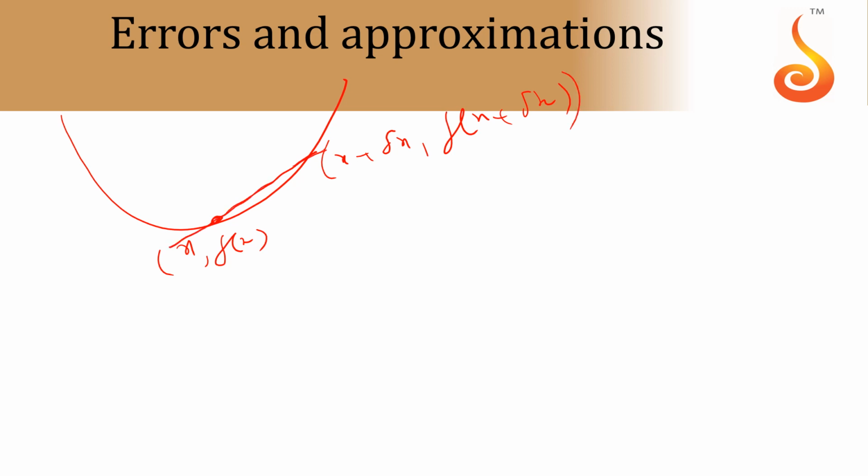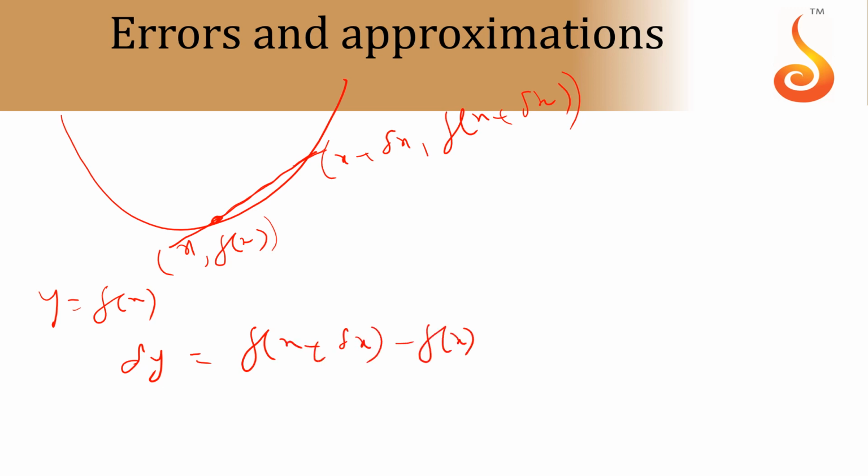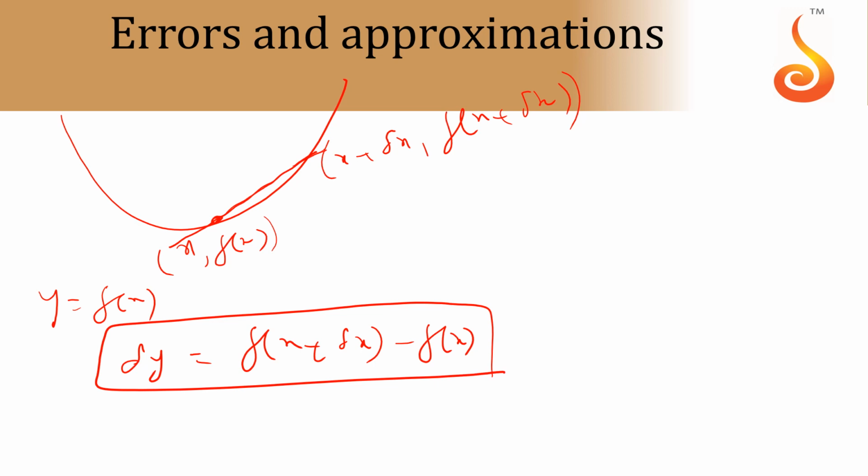Suppose if I ask you, when there is a small change or error in x, that is dou x, there is this error in y. What is that error in y? Suppose if I say y equal to f of x is a function, dou y is the change in y, which is f of x plus dou x minus f of x. This is the exact error in y.